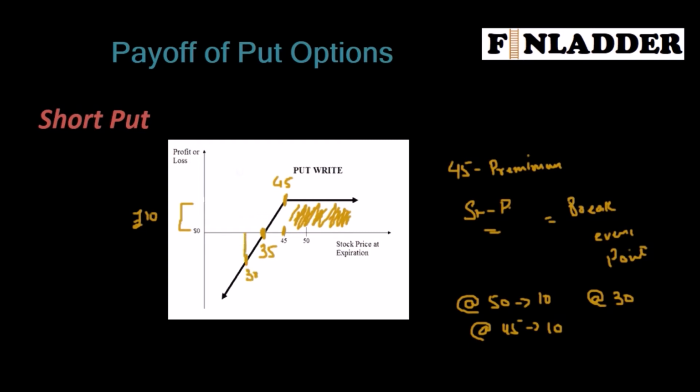The magnitude of the loss will be 30 minus the break-even point 35, which is a loss of 5. At 20, we will make a bigger loss. This would be 20 minus 35, which is equal to minus 15.